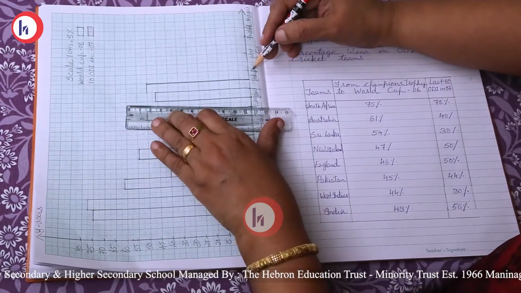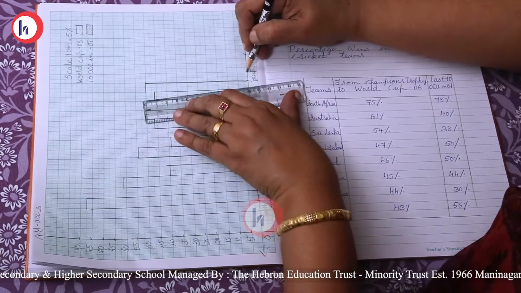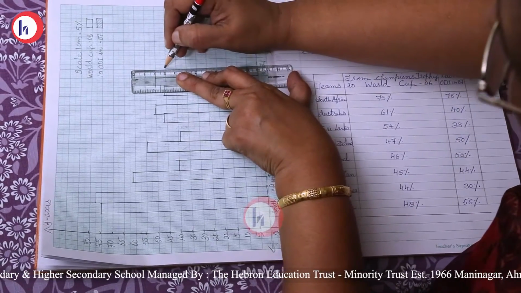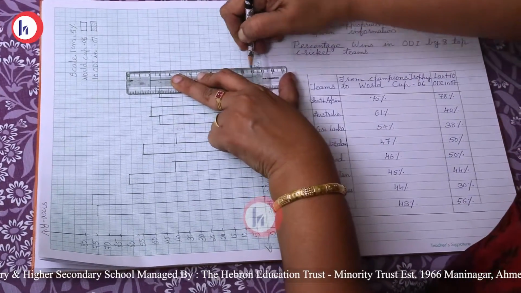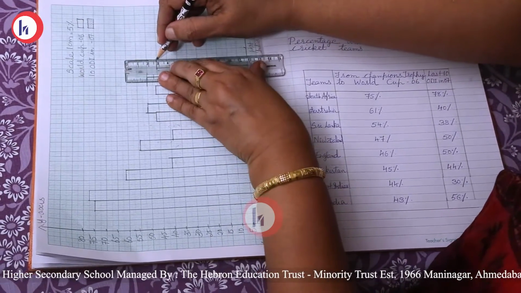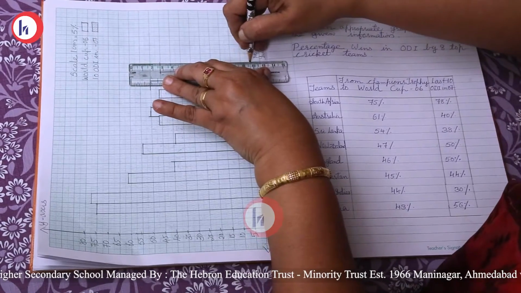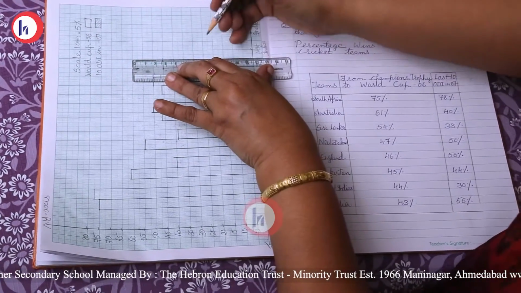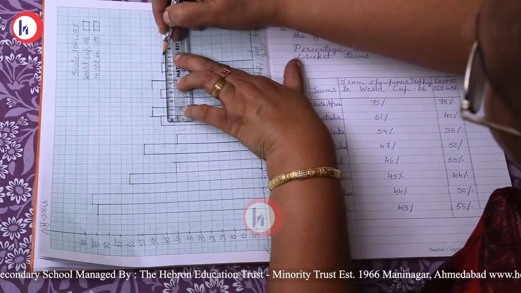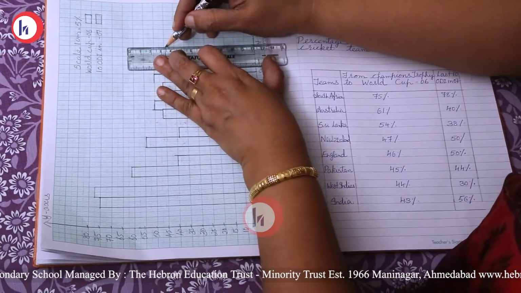Then Pakistan comes, the 45, and 44. Somewhat equally they have made.